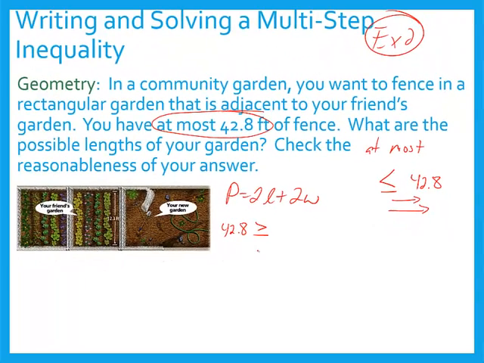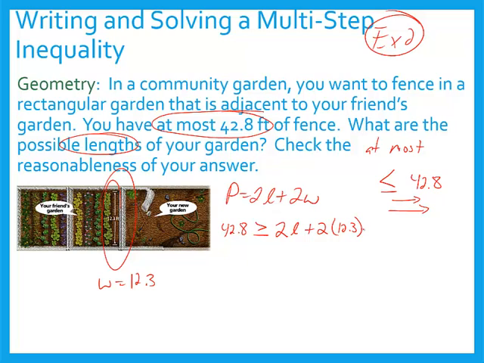So how you'll read it is 42.8 is greater than or equal to your inequality. So first off, 2, and then it's asking what are the possible lengths. So we don't know L, so just go ahead and put L. Plus 2W, but instead of W, look, it gives you the W as 12.3 feet. So instead of W, put 12.3. And now we can solve for L, the possible lengths.